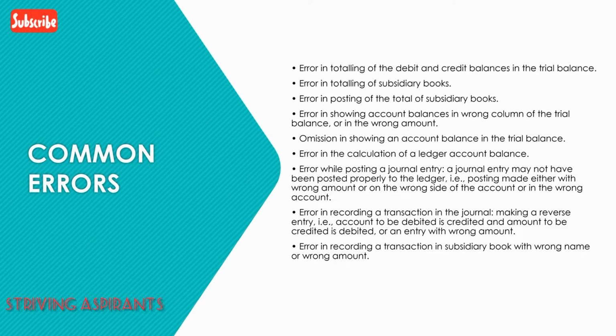Means posting may be made with the wrong amount, or the wrong side of the account, or in the wrong account. Next error is error in recording a transaction in the journal, making a reverse entry. Means whatever account is to be debited is credited and whatever amount is to be credited is debited, or an entry with a wrong amount.